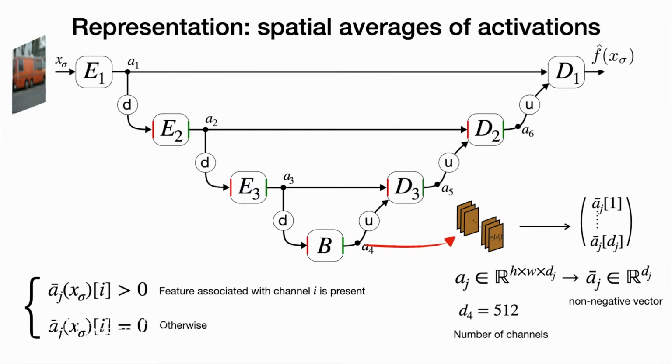If it's 0, it means that the feature that this channel represents does not exist in the image. And if it's positive, it means that it exists in the image, right?